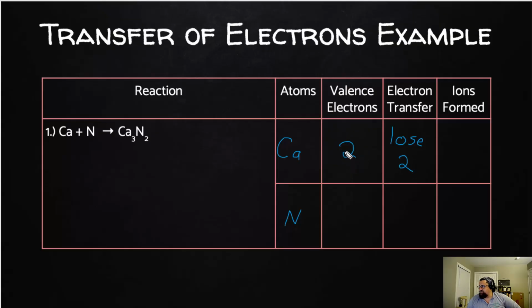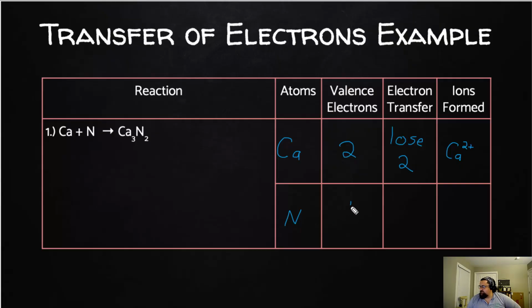It only has 2. It's easier to lose 2 than to try to get up to that next 8. All right, so it's going to lose 2, and we're going to form an ion, which is calcium, Ca, but it's going to have now a 2+ charge because it's lost 2 electrons.